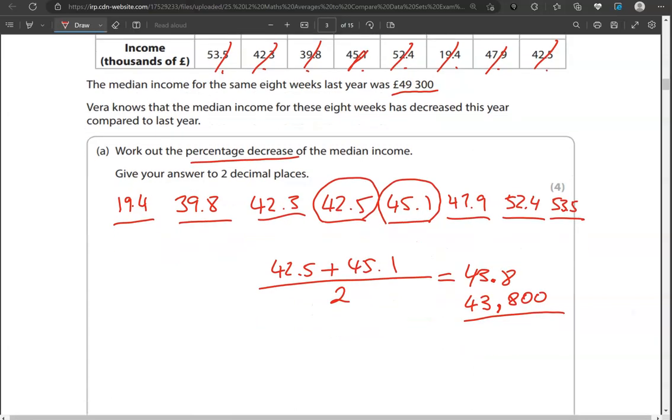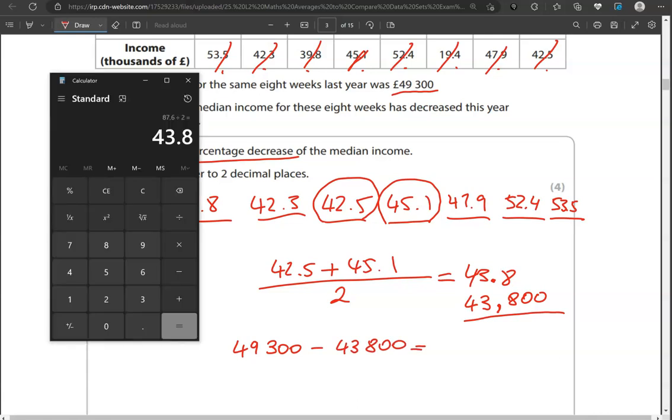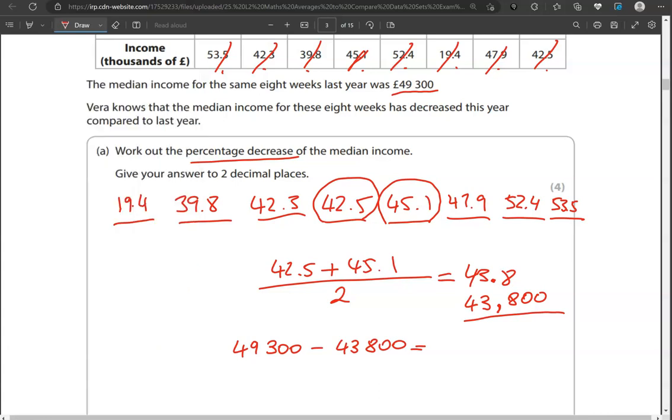So we're going to do 49,300 take away 43,800, which is 5,500.